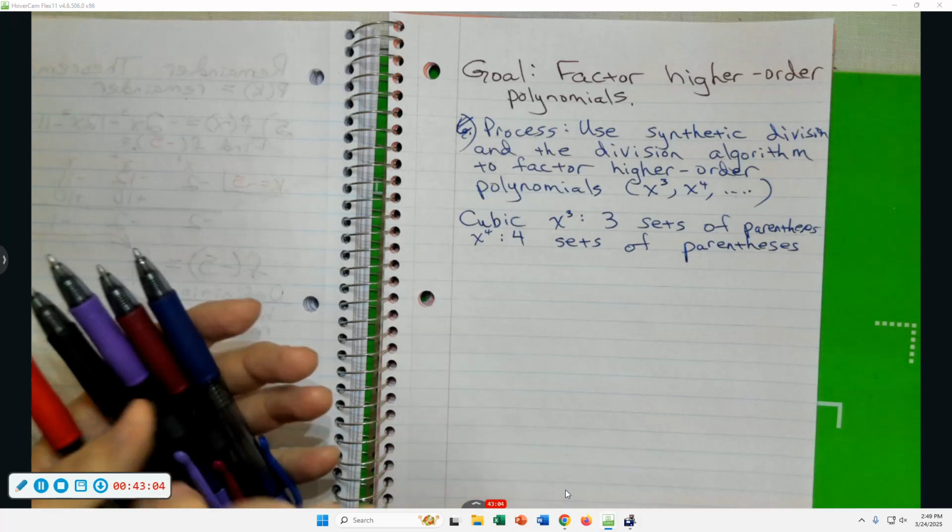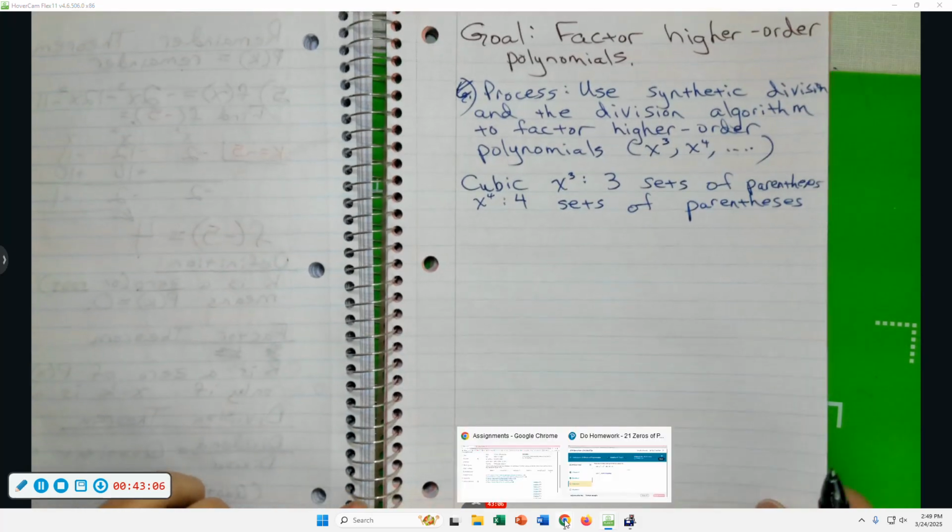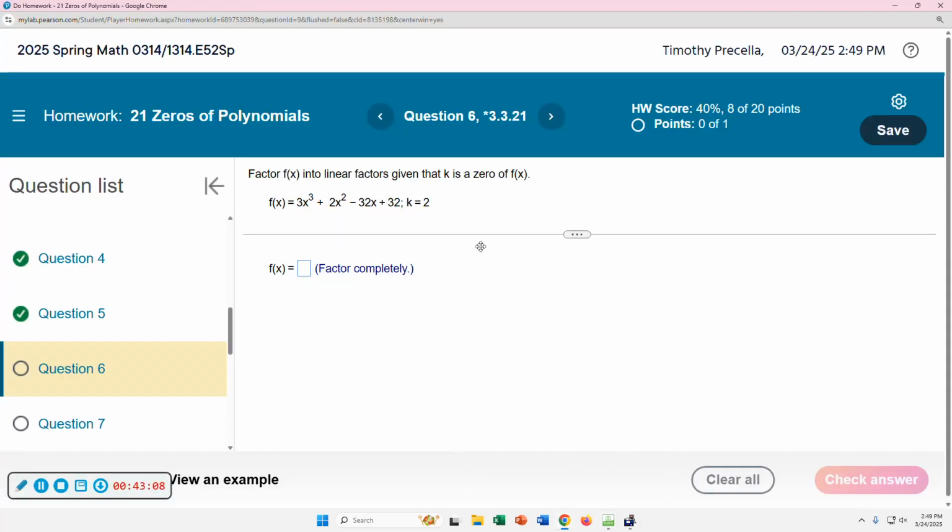And so we're ready to look at number 6. Show them the process. We want to factor f of x into linear factors. That means we can't just leave it with an x squared. Linear can only have an x term. So if we're going to factor this into linear factors, we're going to expect to have 3 sets of parentheses at the end, with no exponents.